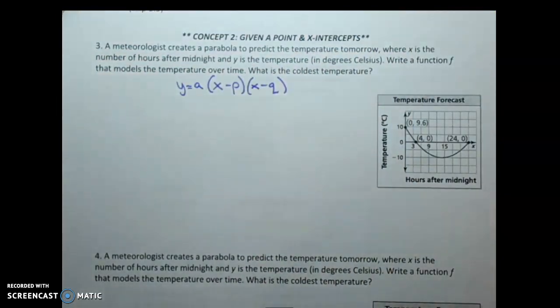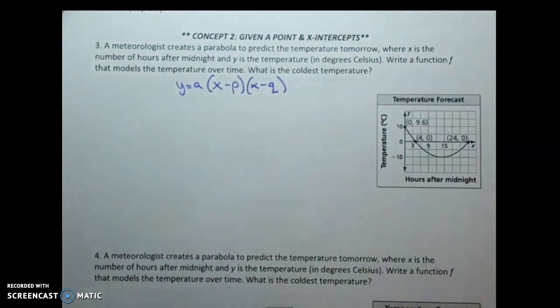Alright, well, let me go ahead and read it. A meteorologist creates a parabola to predict the temperature tomorrow, where x is the number of hours after midnight and y is the temperature in degrees Celsius. Write a function f that models the temperature over time. What is the coldest temperature?